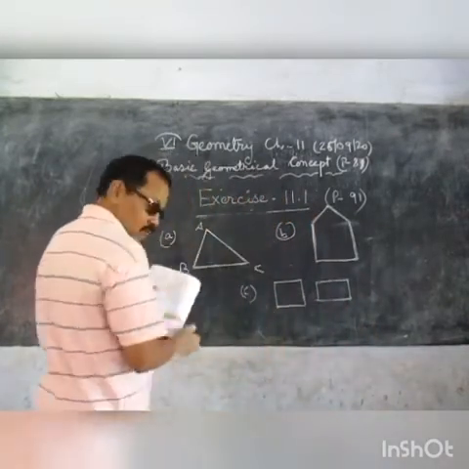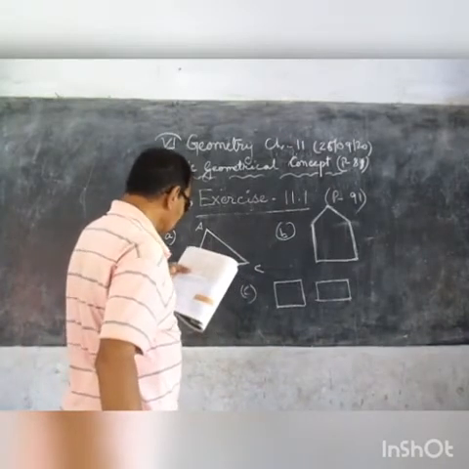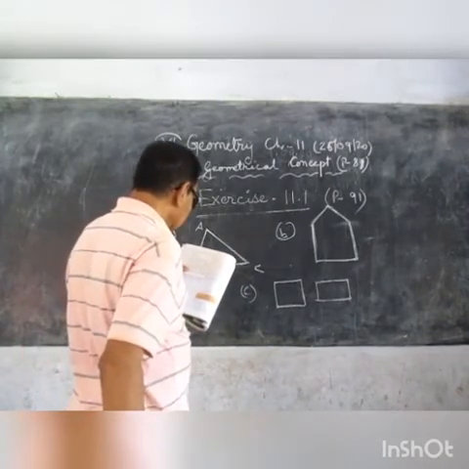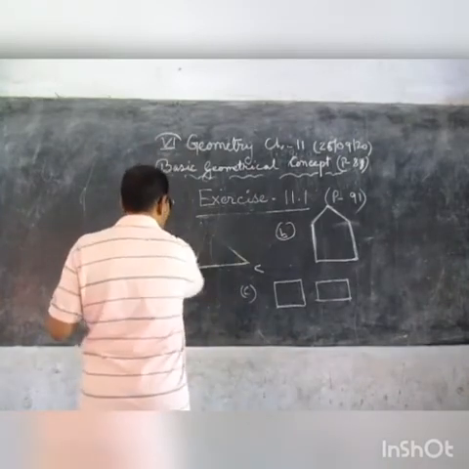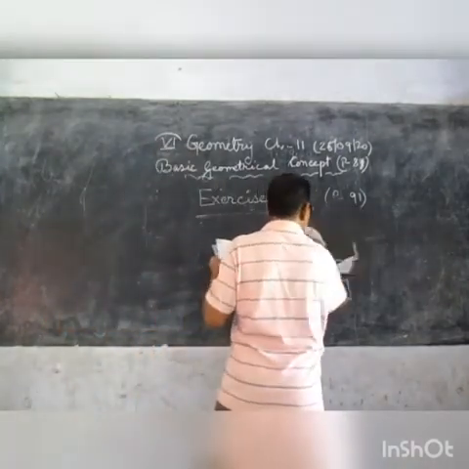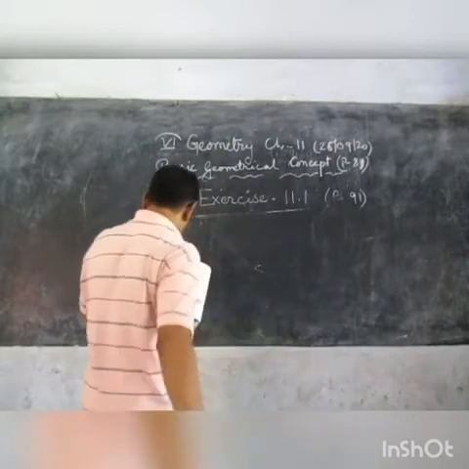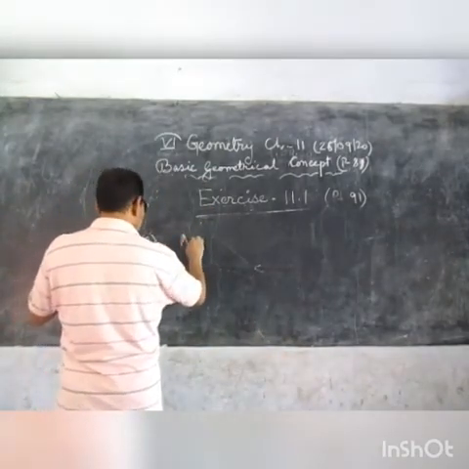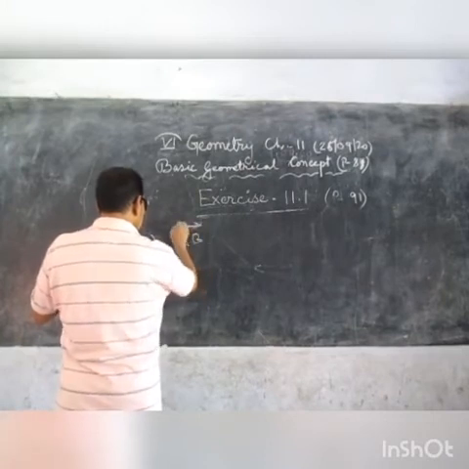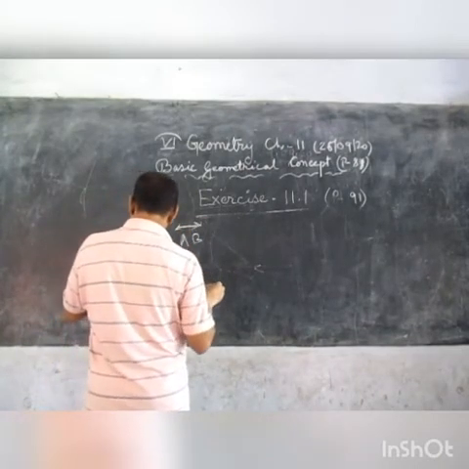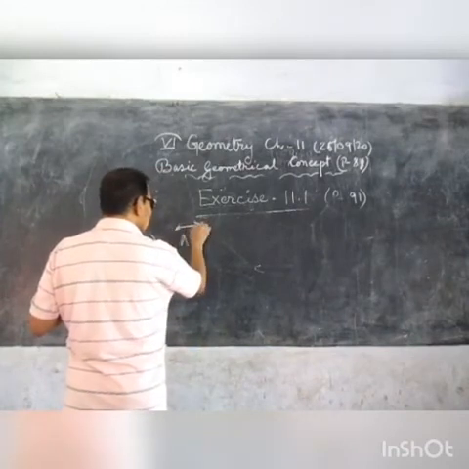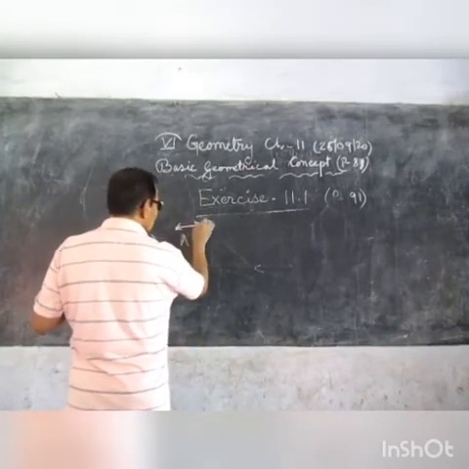Then next question 11. Classify the following as a line, line segment or ray. A. It is given here. Whether it is a line segment or ray, it is a line because you can extend both sides endlessly.